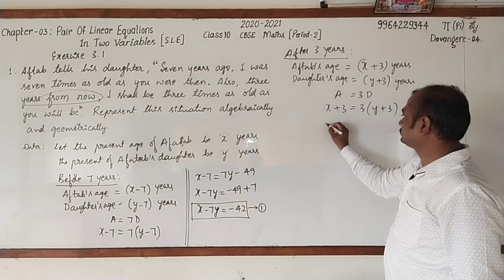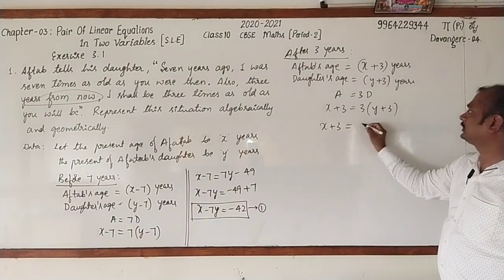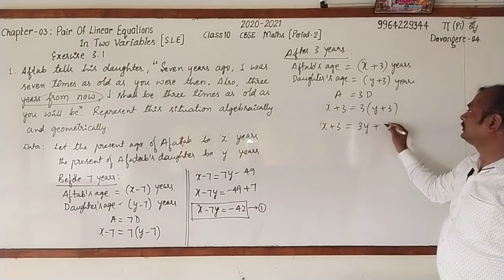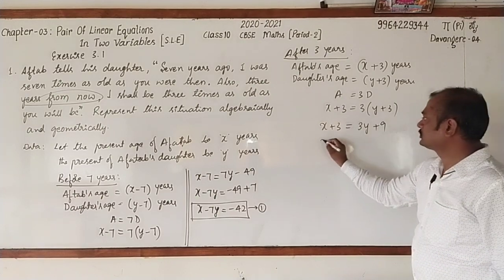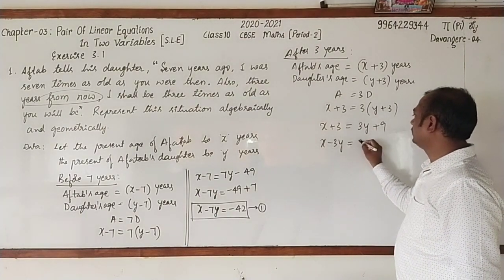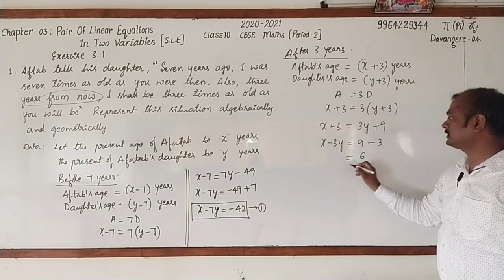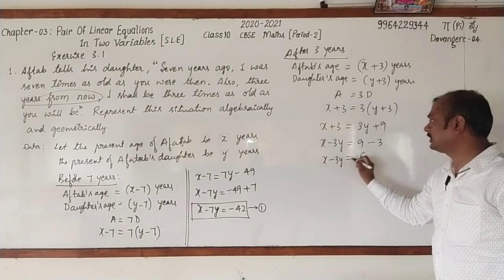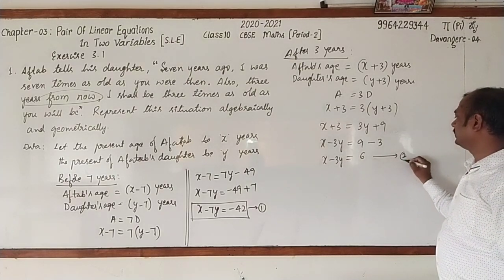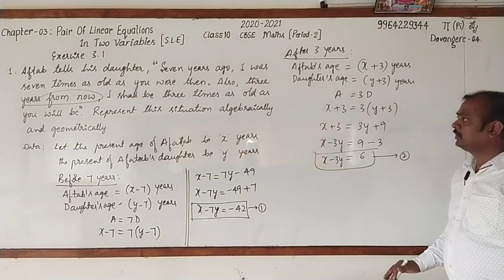It is X plus 3 equal to, multiply 3 with both the terms, 3Y, 3 3s are 9. So X, take 3Y to the left hand side, minus 3Y, then 9. Transfer 3 to the right hand side, minus 3. It is 6. X minus 3Y equal to 6. Call it the second equation. Followed?